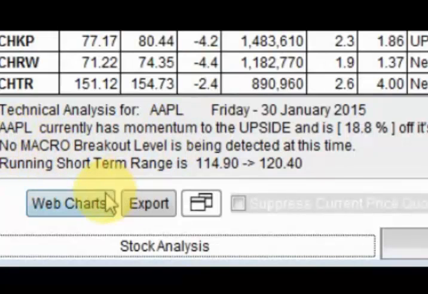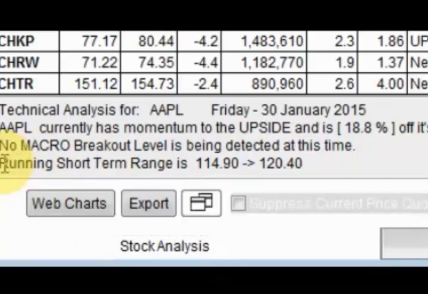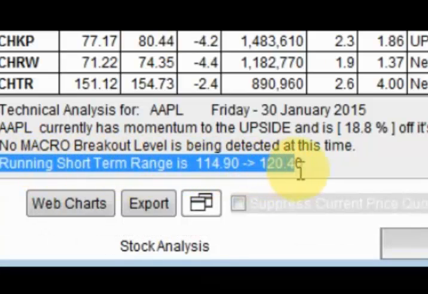If you remember correctly, I was talking about that 3-day rule, right? Well, there's your running short-term range. It's a little bit better than the 3-day rule that I showed you. It's got a little bit more advanced stuff to it. So you can use this range also to plot on your charts.